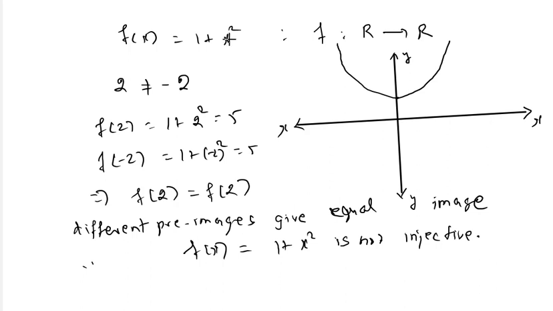Because x square is always positive, f of x is always positive, and f of x will not take negative numbers. What is the least value? 1. So what is the range? The range is 1 to infinity, which is a subset of real numbers.